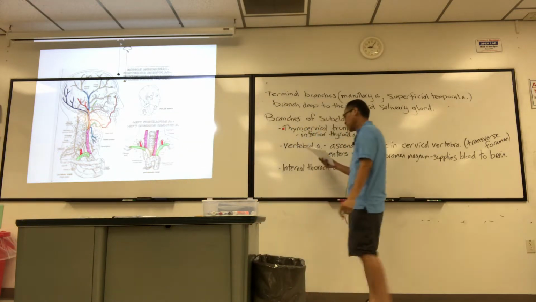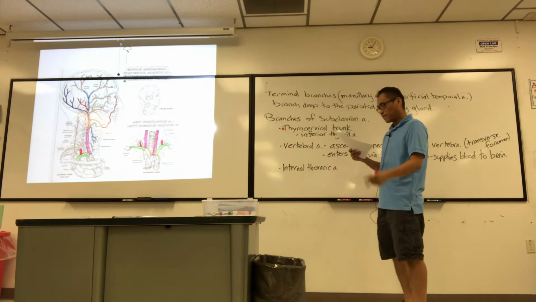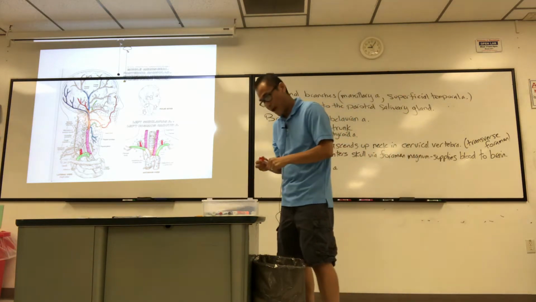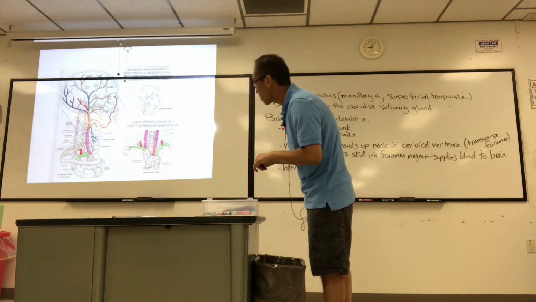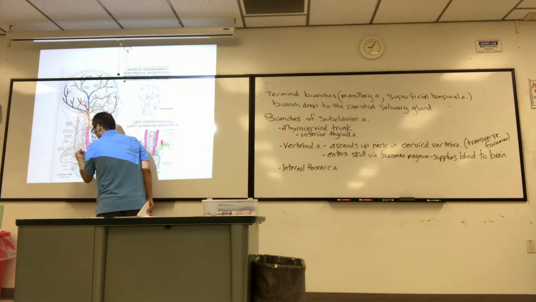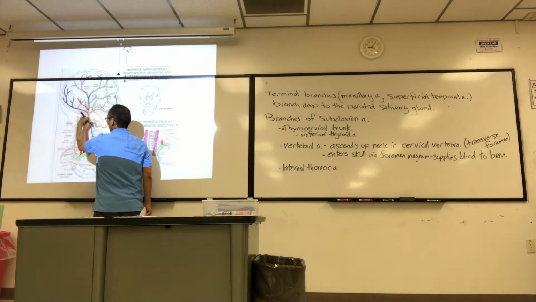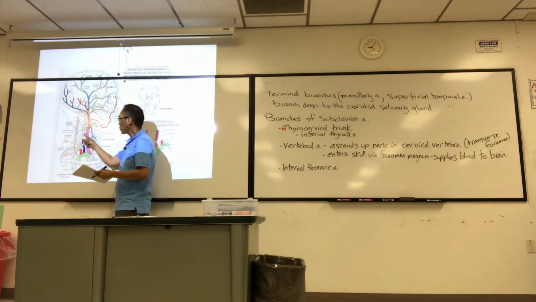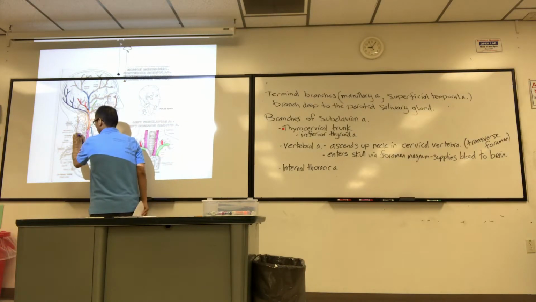That's one branch. The other branch is vertebral. That one's easy to find. I just look for the one going up the neck. It's going to enter the brain. Here it is, coming off subclavian, right down here. This is vertebral. And you can see, as you color, it's inside the transverse foramen of the cervical vertebra. So I'm not going to color them as it goes through. I'm just going to color all the way up.